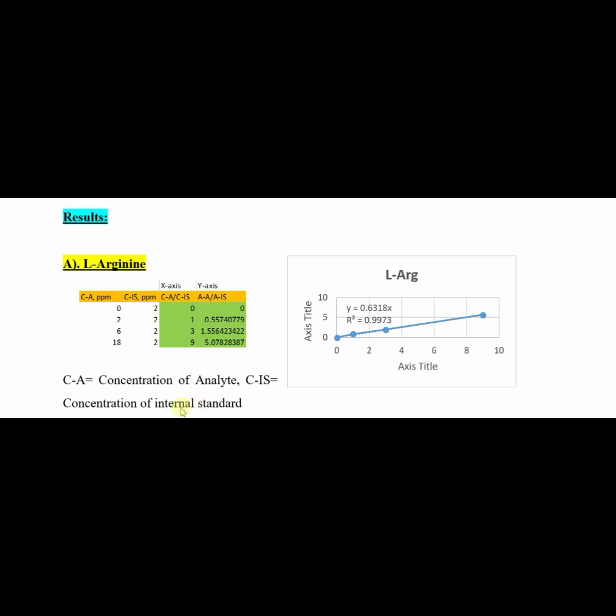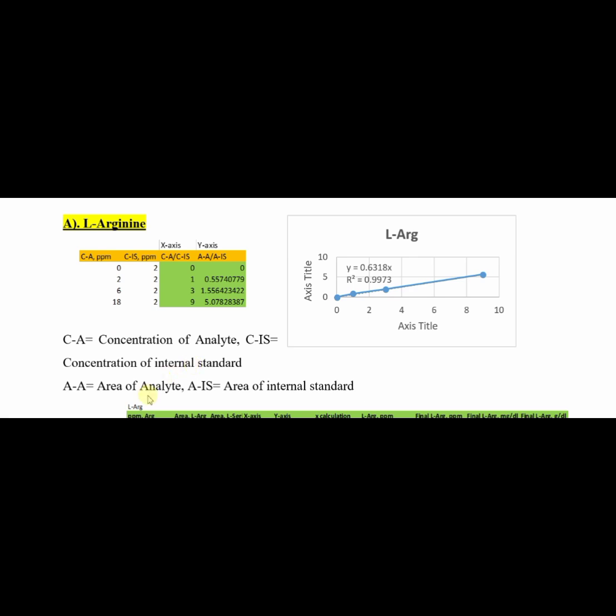CIS is the concentration of internal standard, that is L-serine, so 2 ppm in each. AA is the area of analyte, that is L-arginine, and AIS is the HPLC area of internal standard, that is L-serine.